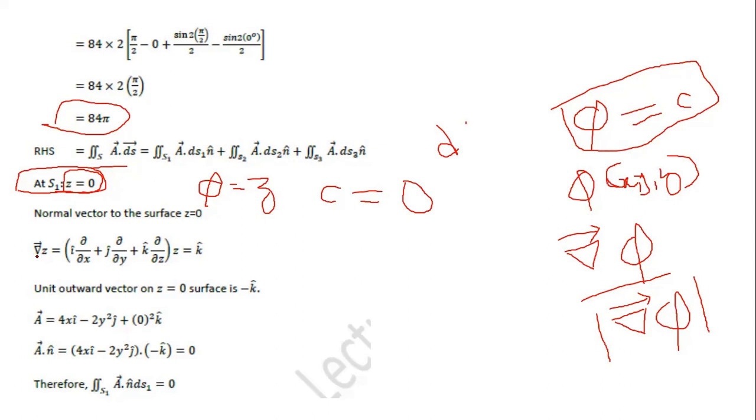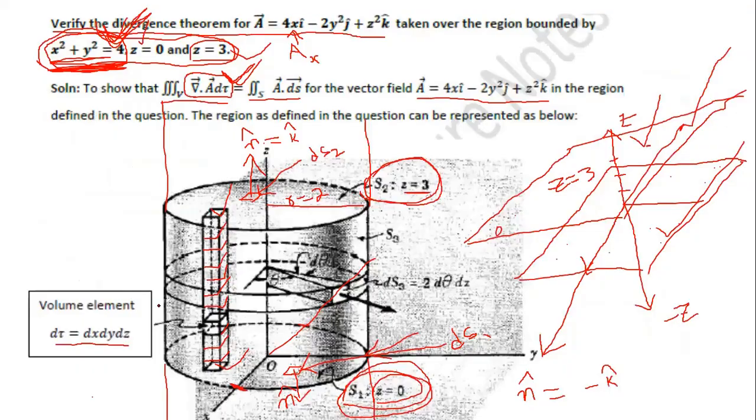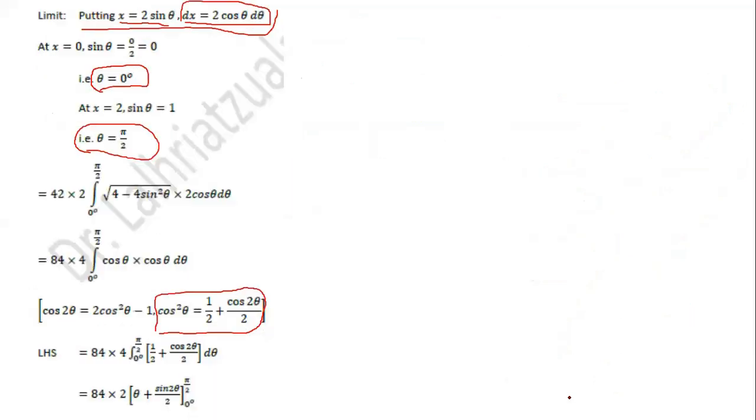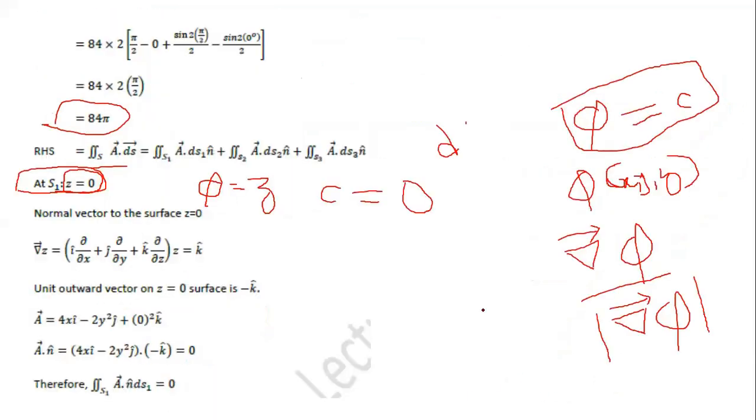The gradient of phi, or gradient of z, will be simply k cap here. But as I was saying, we have to consider the outward vector. On this z equal to 0 surface, the outward vector is the unit vector pointing downwards, that is along minus k cap.